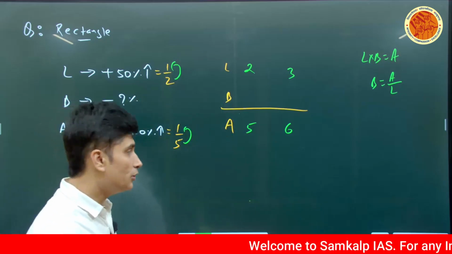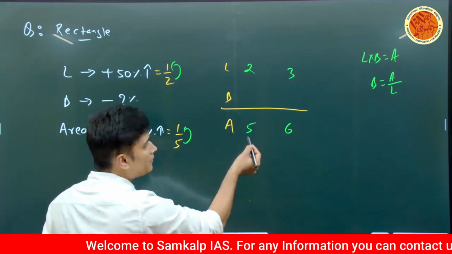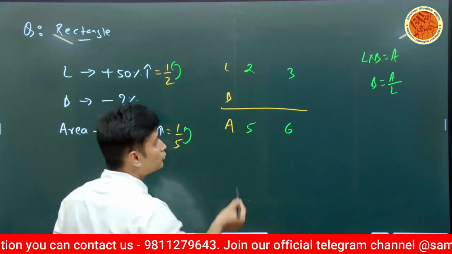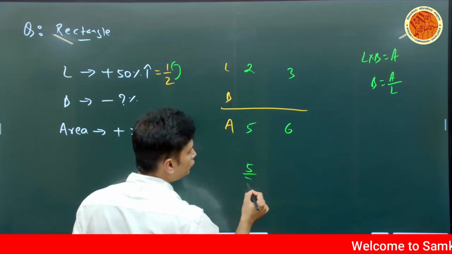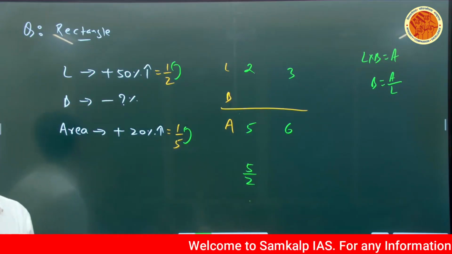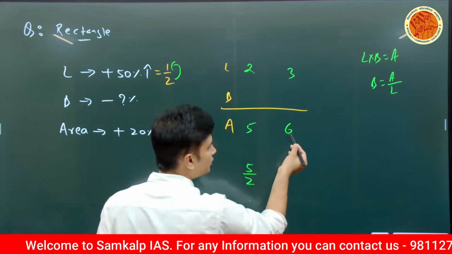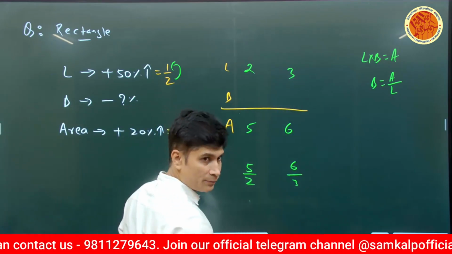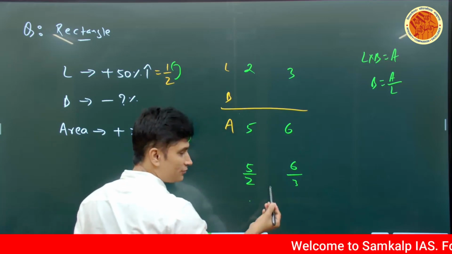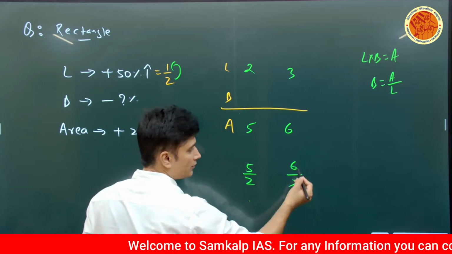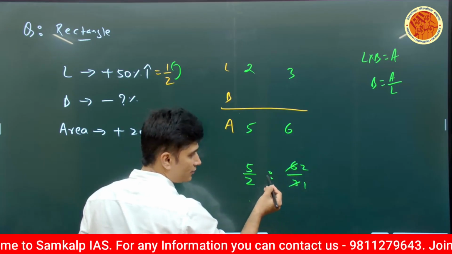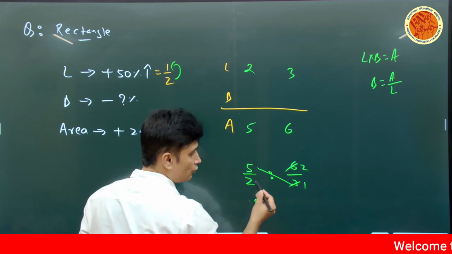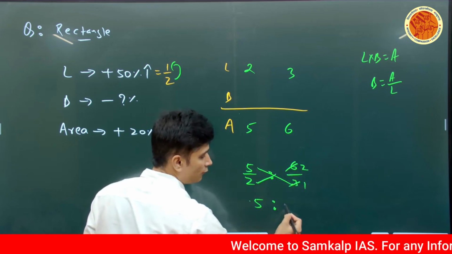Now tell me, if my area in this situation is 5 and my length was 2, then breadth must be 5 upon 2, yes or no? In the second situation, my area was 6, length was 3, so it is 6 upon 3. Now after calculation, 5 will be multiplied with this 5, 2 will be multiplied with this 4.